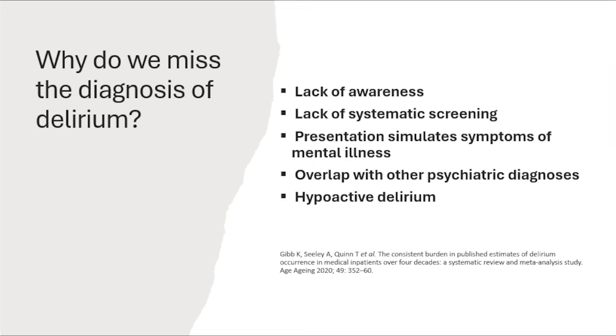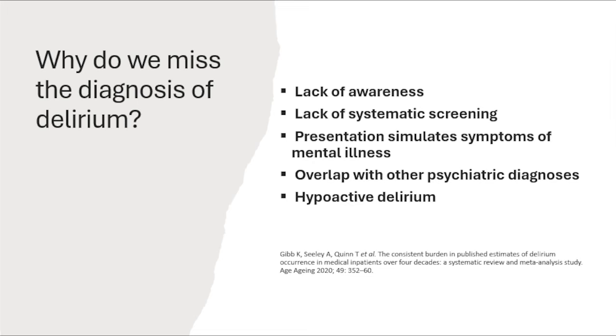Another important thing is that the presentation simulates symptoms of mental illness. Delirium is thought of as disorientation, but commonly they present as a symptom of mental illness, and they just pass it to a mental health care team. But delirium is a medical emergency.